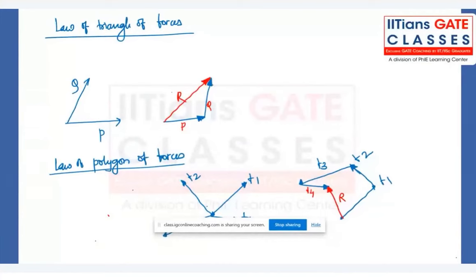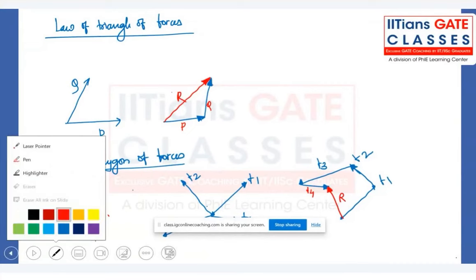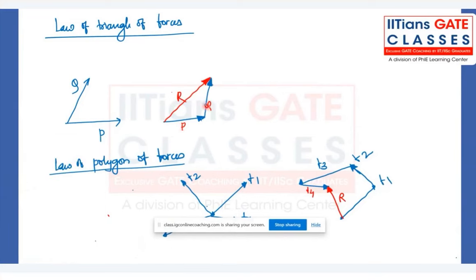Law of triangle of forces. Okay, so law of triangle of forces states that if two forces P and Q are represented in magnitude and direction by two sides of a triangle, P is here and then Q is here, they are basically acting on a body at a particular point O. But if you are representing them in magnitude and direction by two sides of a triangle, then the resultant will be the closing side, but in opposite direction or opposite order, you can say.